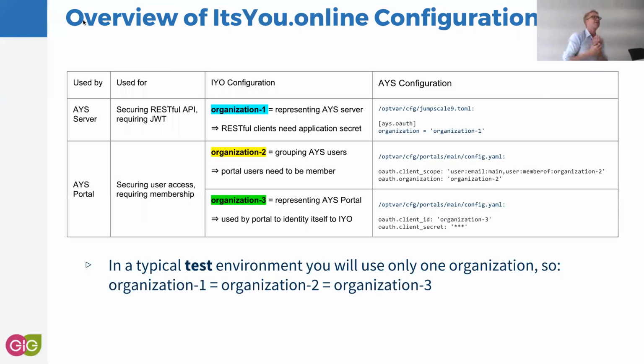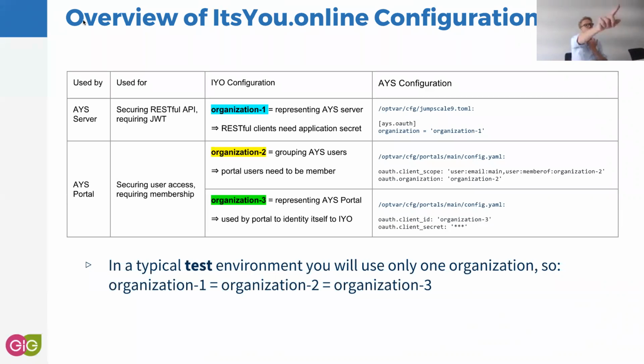This is just a slide I added because I'm well aware that all this security comes with a little bit of complexity, but it's well thought out. And with this slide, I just try to explain that already at the level of installing your own AYS server and making it secure, you typically will create 3 organizations.